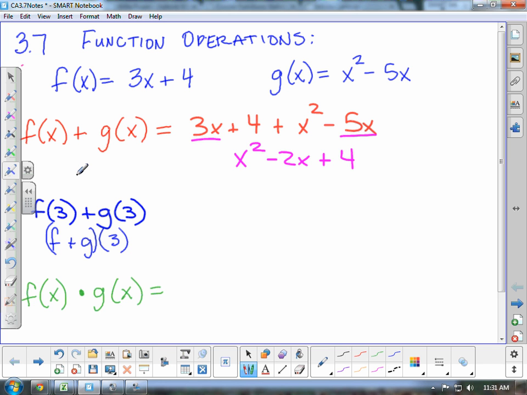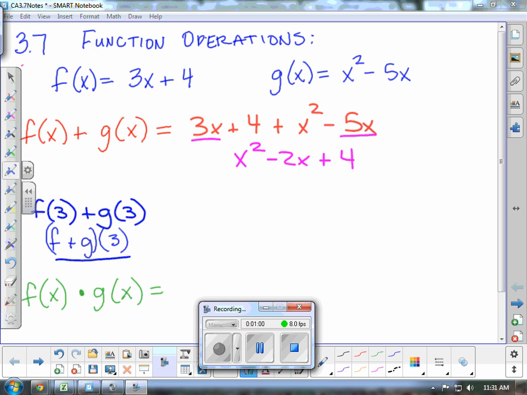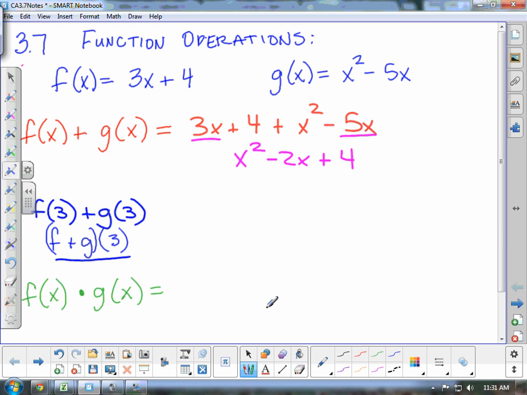Now, if you were evaluating this where it's f of 3 plus g of 3, or it could be written as f plus g of 3, either way, you have one of two things you can do. One would be to substitute 3 into each of the two functions.